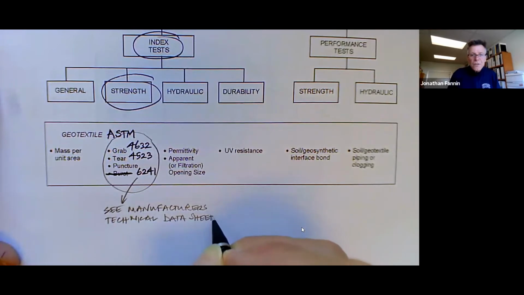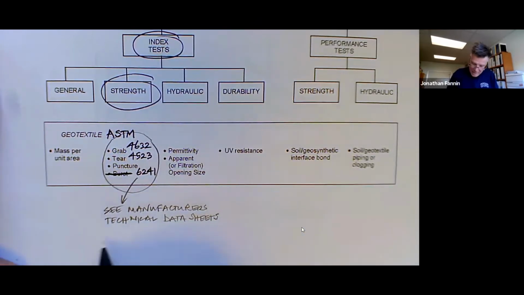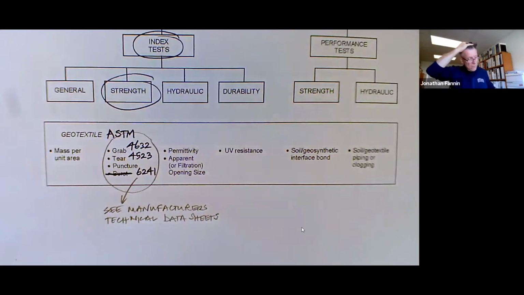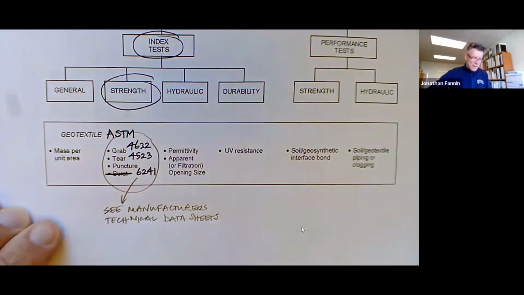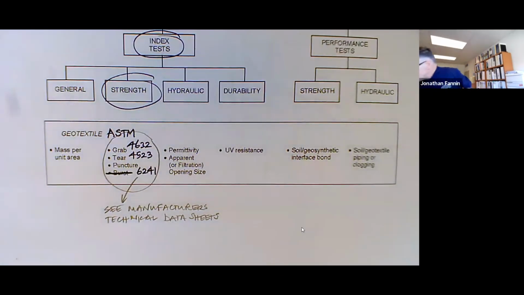And the manufacturers will actually go through and they may even categorize by AASHTO, American Association of State Highway and Transportation Officials. They may even categorize them as a class 1 or a class 2 material. So we're done. There's the strength. And I wanted to tuck that away.